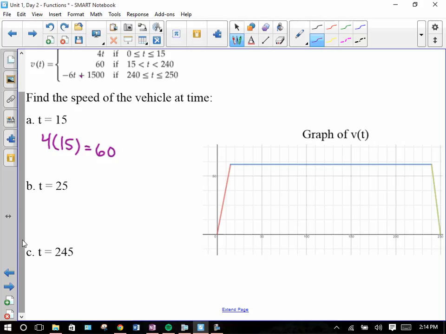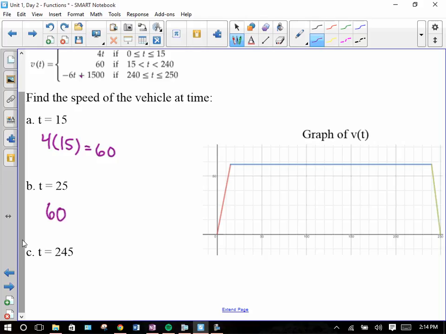Lucas, which one do we use here? 60, okay. So now the question here is this. This is just a 60 here, right? That means that the velocity is equal to 60 anytime here. So it's just 60.